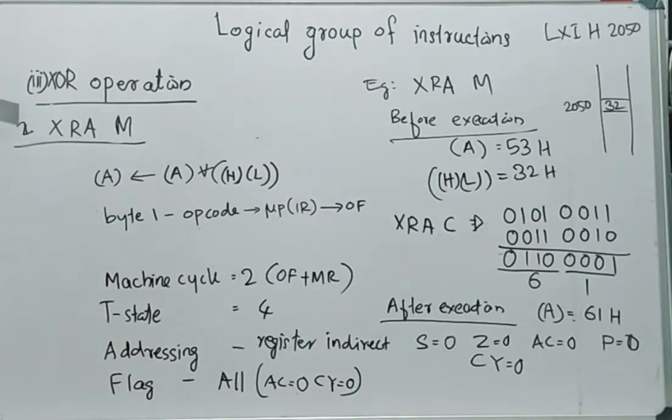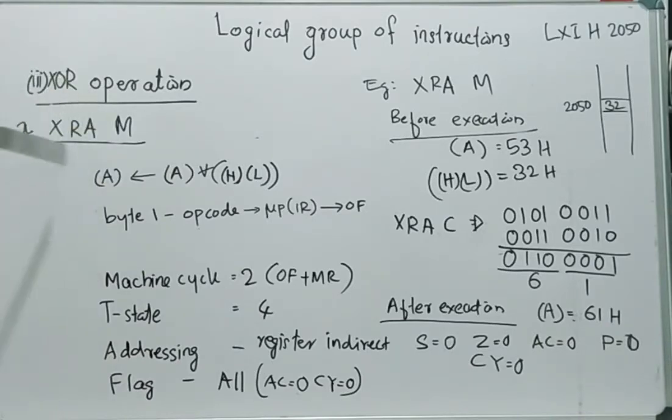The next XOR instruction is XRA M. M stands for the content of the memory location whose address is available in the HL register pair. So whenever this instruction is executed, the content of the memory location whose address is available in the HL register pair gets XORed with the content of the accumulator and the result is saved in the accumulator.